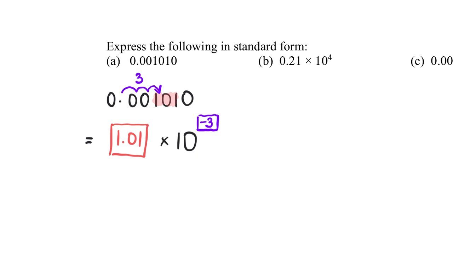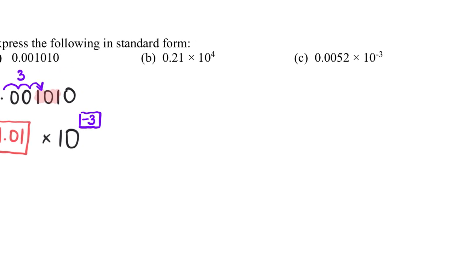For part B, we are given the following: 0.21 times 10 to the power of 4. Now I must have a number between 1 and 10.